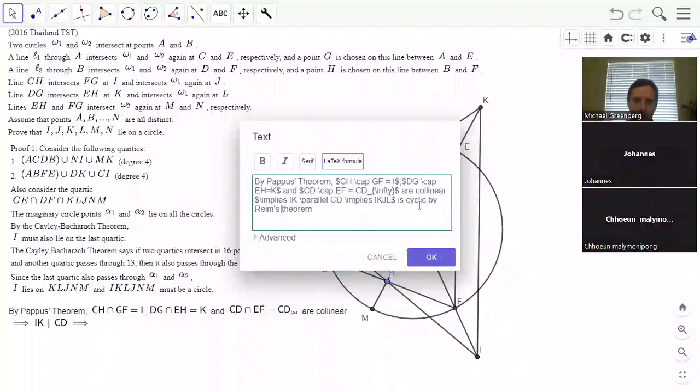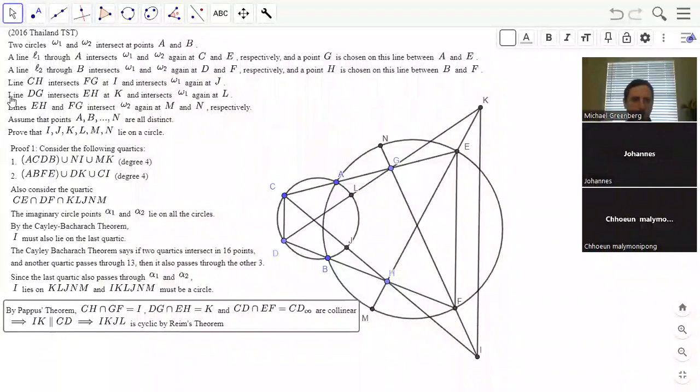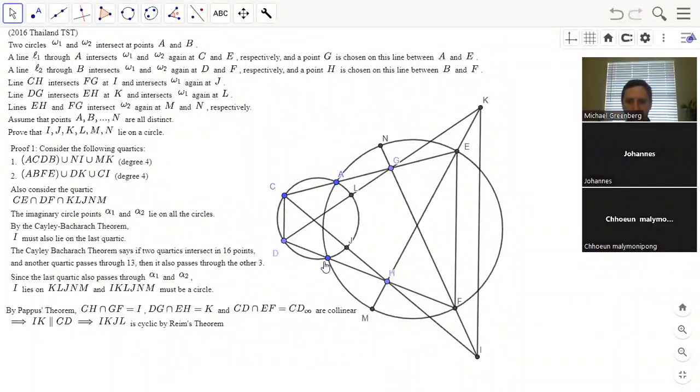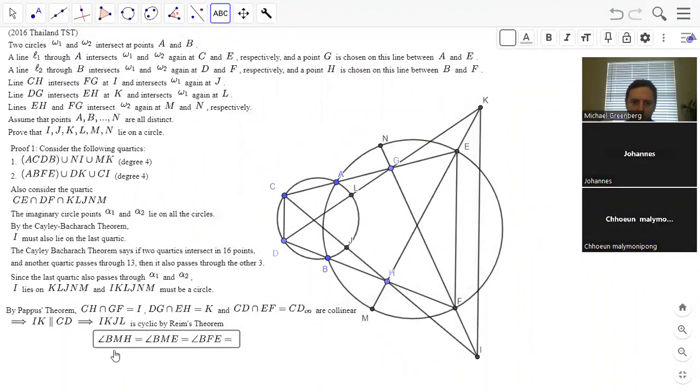Then I'm going to show that M lies on that circle. So we have angle BMH equals BFE. So BMH is angle BME, is angle BFE, is 180 minus BDC, which is BJH.